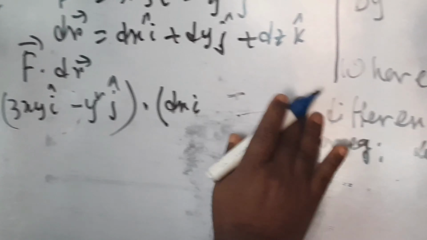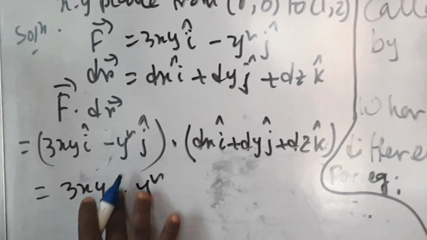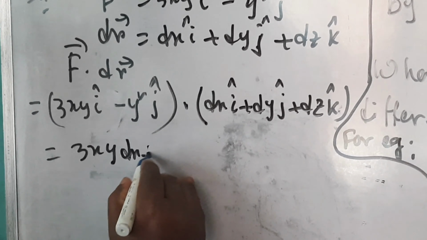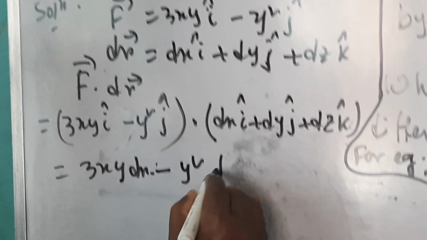Now, i dot i is 1, i dot j is 0, i dot k is 0, j dot j is 1, j dot k is 0. So i dot i with this is 3xy dx, and j dot j with this is minus y squared dy.